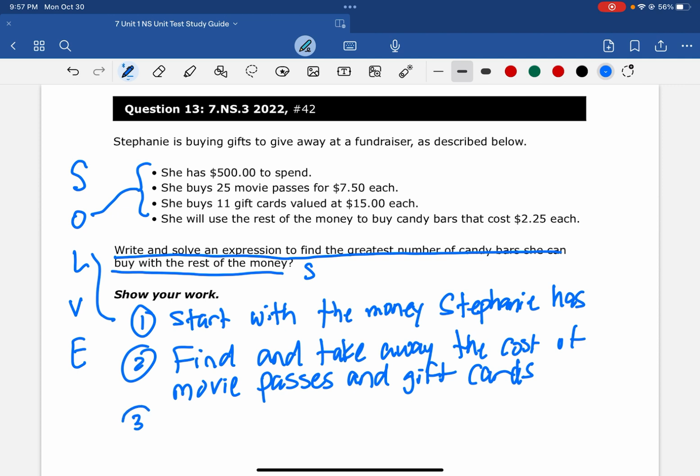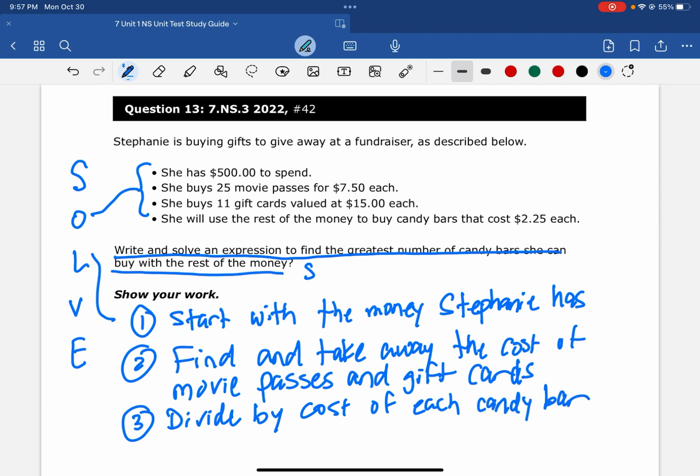And then finally, we're going to divide by the cost per candy bar, the cost of each candy bar. For the L, I try to avoid using actual numbers. That way we understand exactly what's happening in the problem. Now let's go to V.